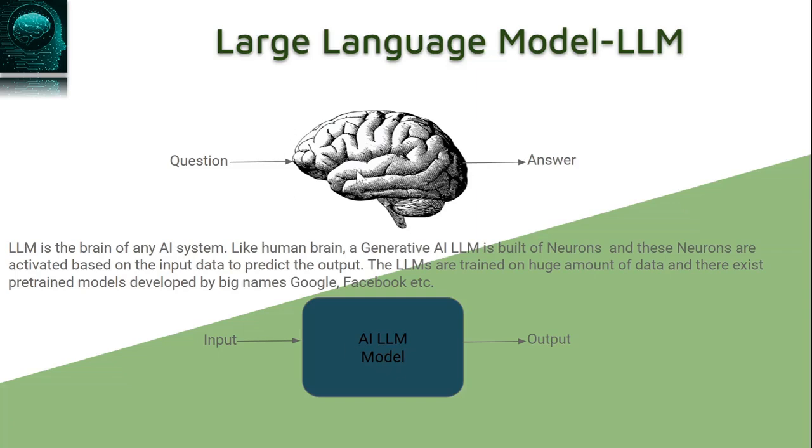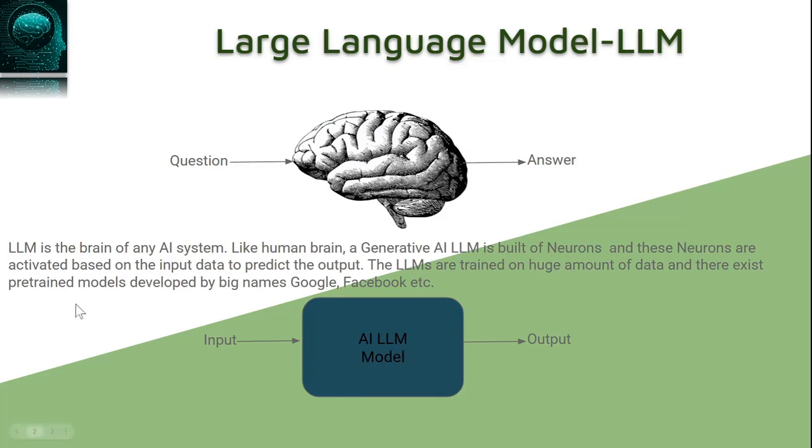Like in the human body, the brain makes all the decisions. Similarly, in the AI system, LLM makes all of the decisions. LLM is built of neurons, sometimes called hidden layers. So when input is given to an AI system, it goes to the LLM, a set of neurons and hidden layers are activated, and the output is predicted.